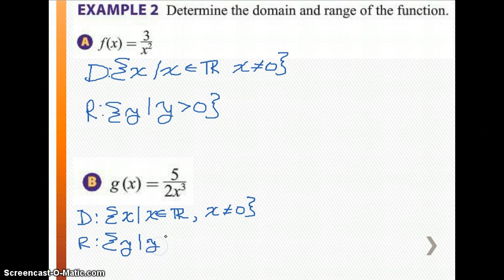The y values are elements of the real numbers as well, but in this case y can't be restricted to positive values, because if we plug a negative into x and cube it, we end up with a negative number. So here y just cannot equal 0. There's no number that you could plug in for x that would give us a 0 for y.